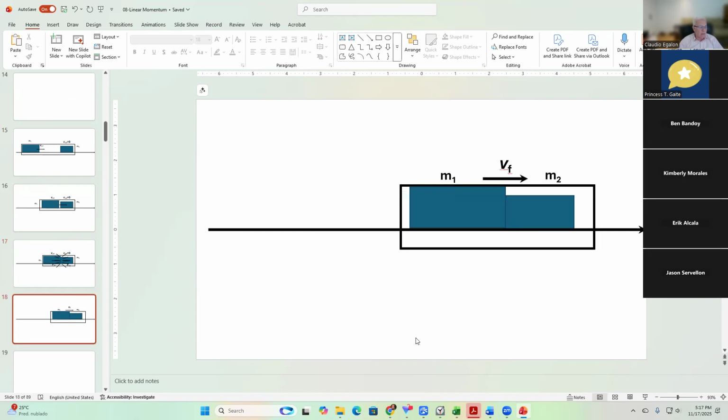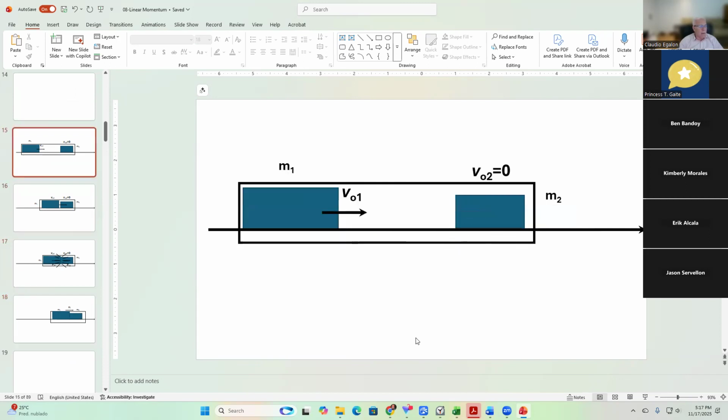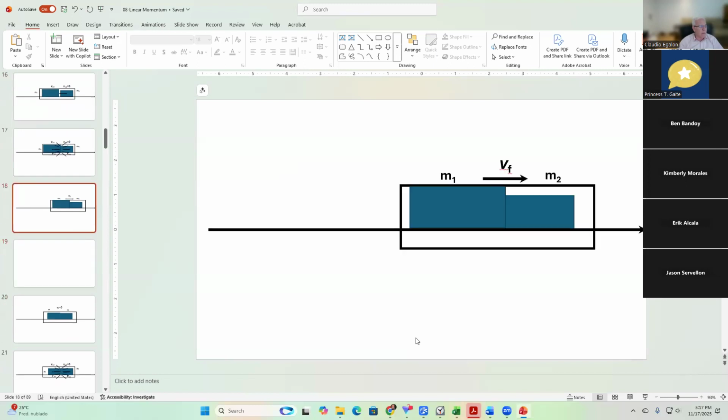It's going to be an inelastic collision, and the whole set is going to move with a final velocity. The velocity of one is the same as the velocity of two. So momentum at this initial instant of time must be equal to momentum at this final instant of time. We're going to do that all over again, not much different than before.